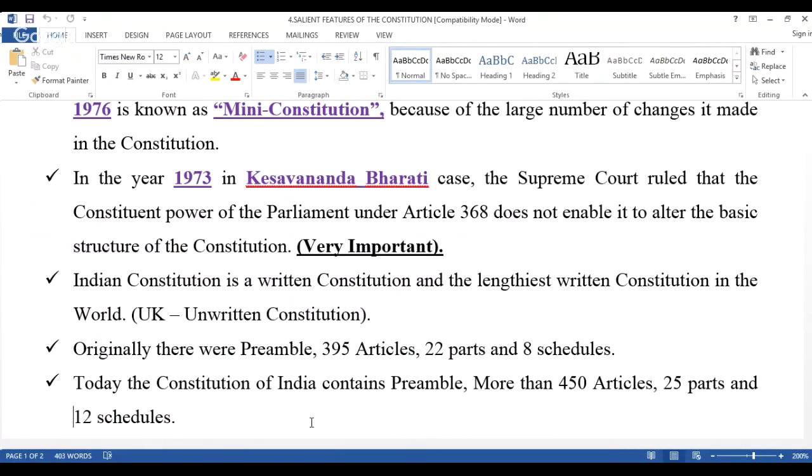I'll tell you a few points. Listen carefully. Here you have come across a concept called basic structure. You might have heard this word previously also, but let me tell you. So this is something called the basic structure of the Indian Constitution. What this basic structure is, is not mentioned in the Constitution.